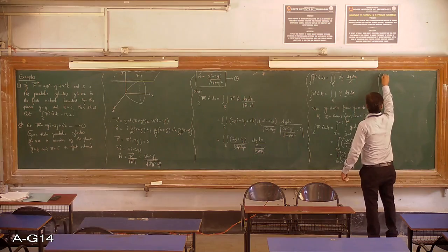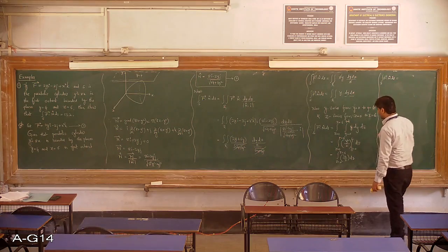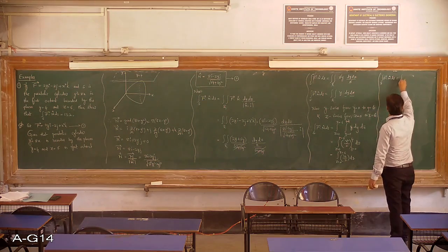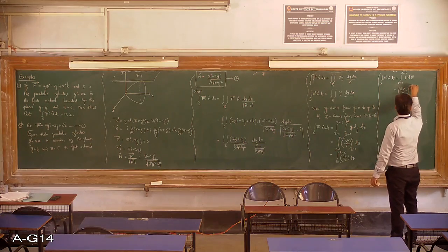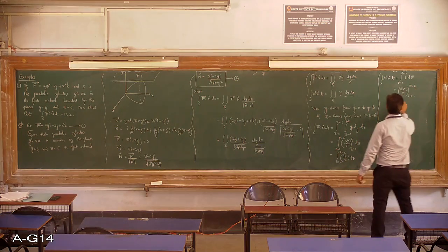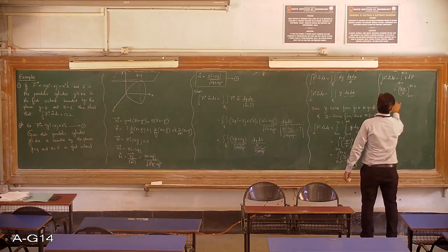So the integration over S of f dot n cap ds is equal to the integration from z equals 0 to 6 of 8 dz. That means it will be 8z, with z running from 0 to 6.